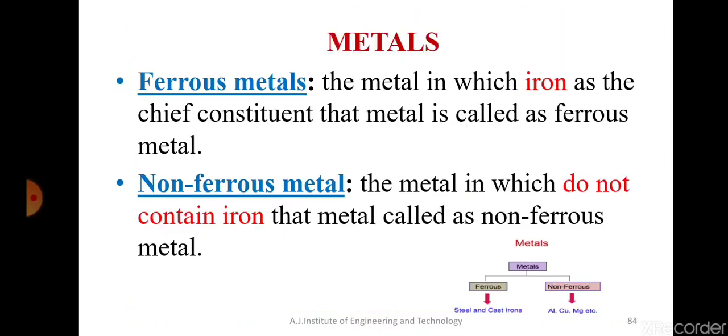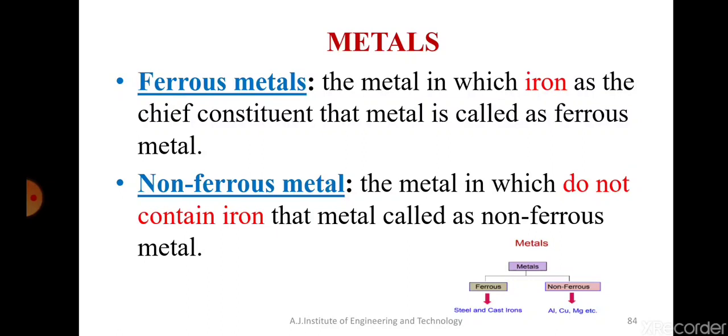Metals. So we will start with the first category of engineering materials, that is metals. In metals, as we have seen in the previous table, they are classified into two types. One is called ferrous materials and the other is called non-ferrous materials. So what do you mean by ferrous materials? I have already told you this: the metal in which iron is the chief constituent is called ferrous material.